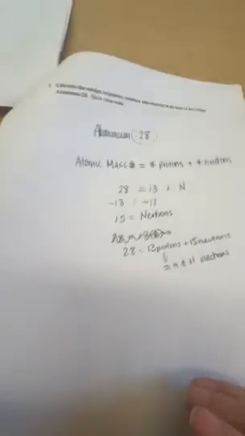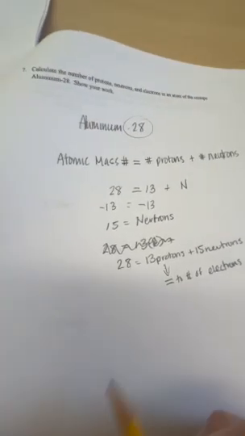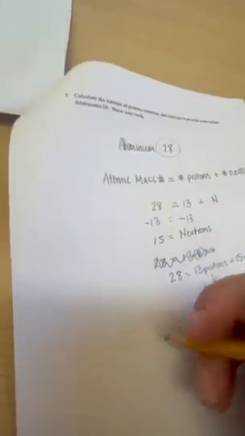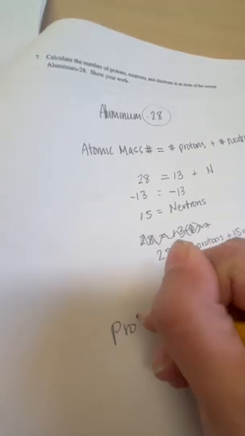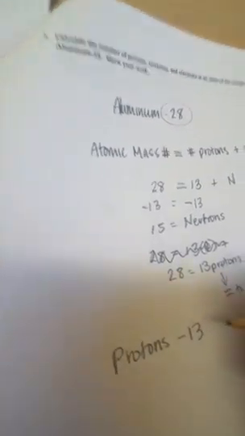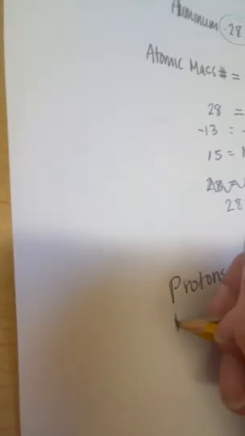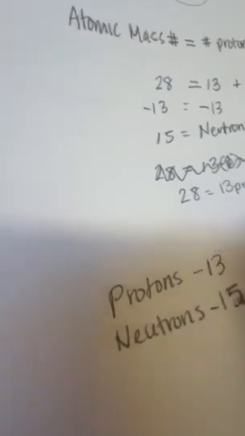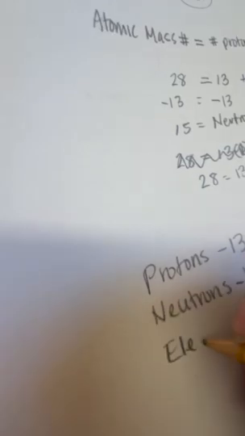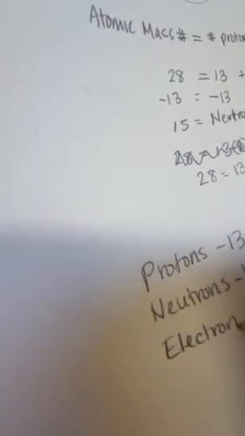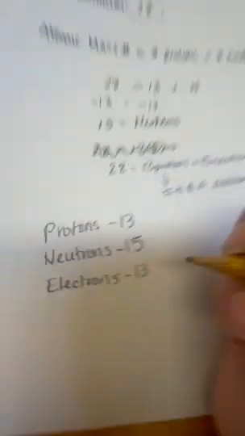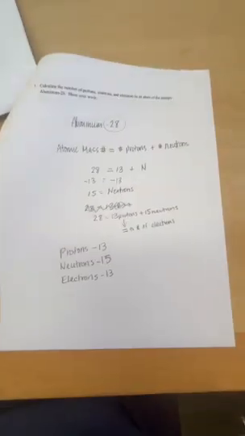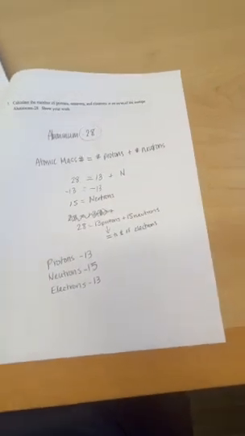So at the end here, we'll just state it a little more clearly. We have protons, 13 of those, neutrons, 15 of those, and electrons, 13 of those. So we have 13, 15, 13. And those are the answers that we're going to go with here for number 7.